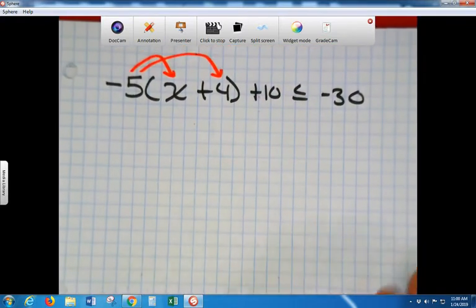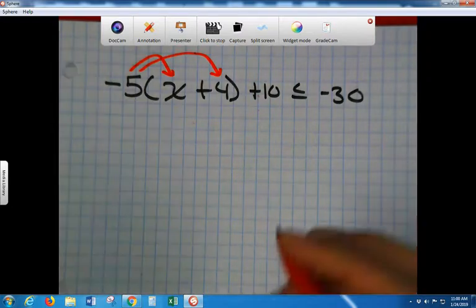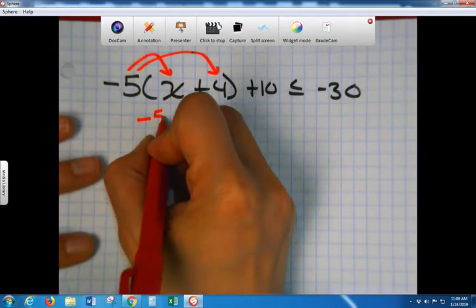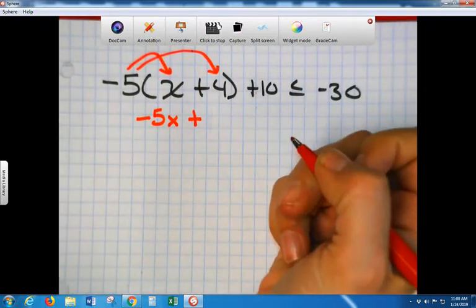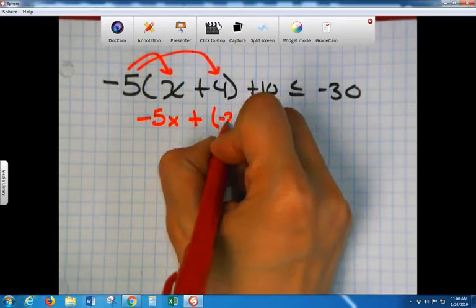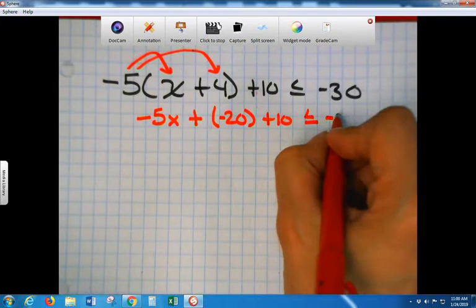What's negative 5 times x? Negative 5x. Perfect. Plus, what's the negative? Negative 20. Plus 10 is less than or equal to negative 30.